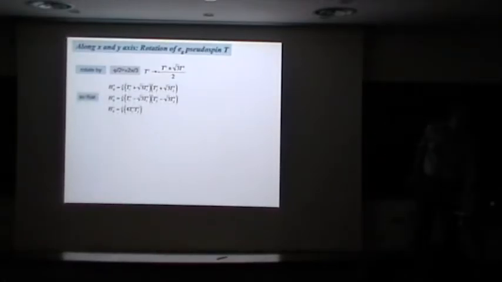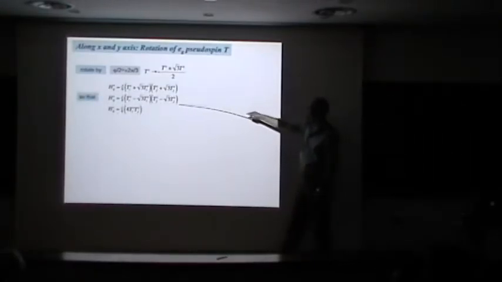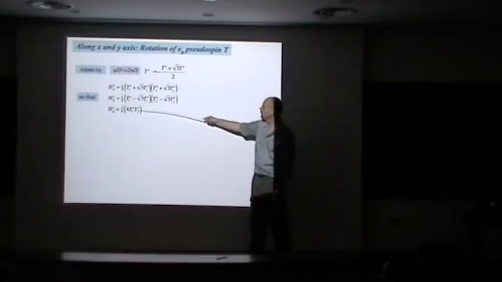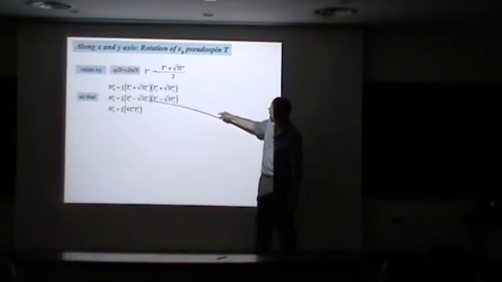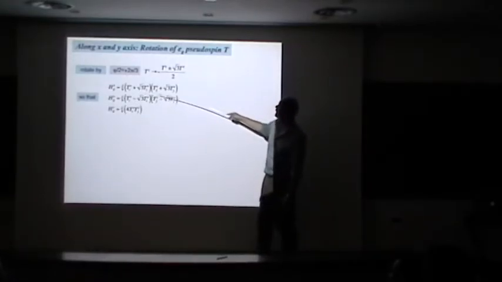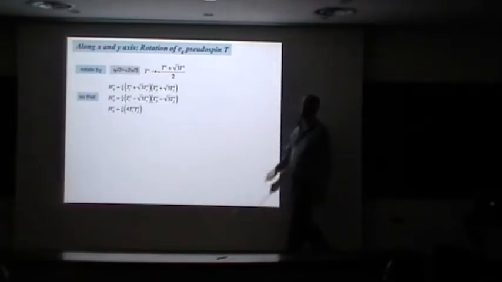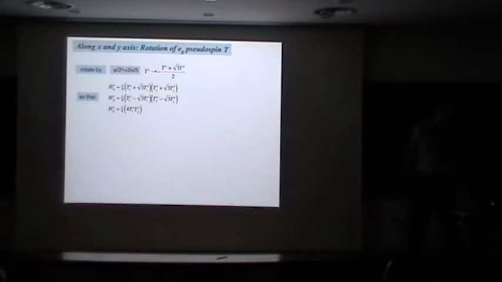Which means that along the z-axis, I left out the constants here, I have tz, tz. Along the y-axis, I get this linear combination of tz and tx multiplied, and along the x-axis, I get the same combination, but now with the minus sign. These are the Hamiltonians I'm looking at.